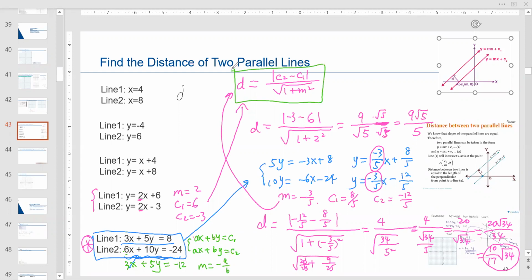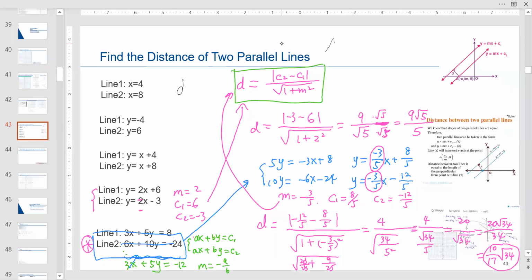All right, we spent a lot of time on this part. It is a very important part for understanding how to find the distance between two lines. Just remember this one first.